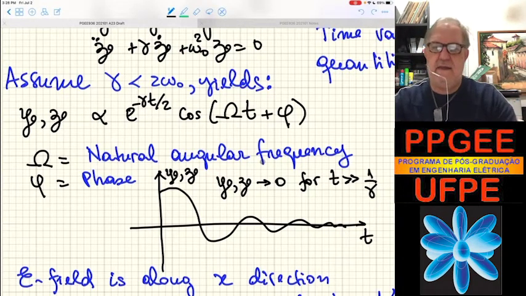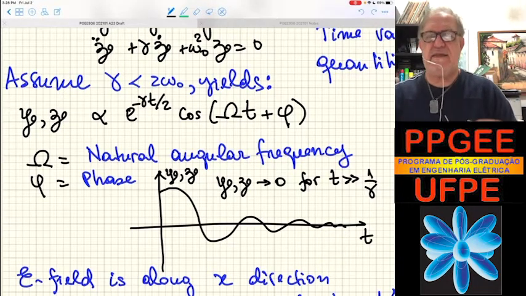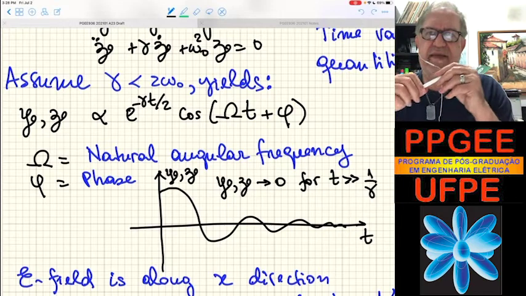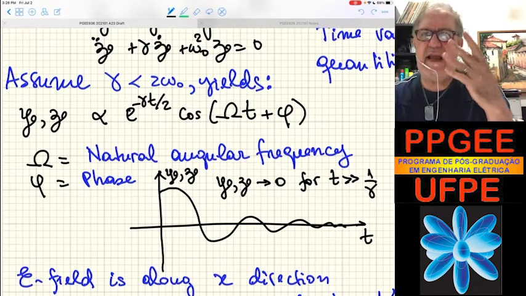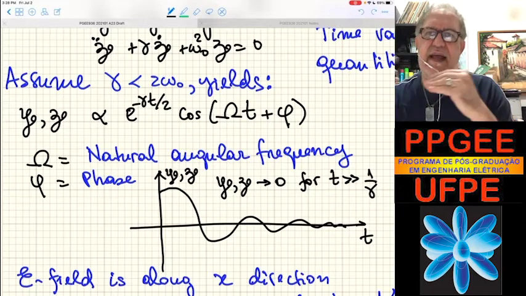Well, what happens in the x direction depends on what type of field you apply. For a given time varying field, the system is going to respond with a mix of the time variation of the field and the natural time variation due to the natural frequency.